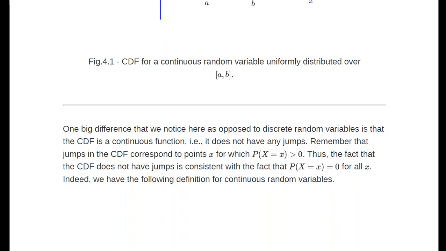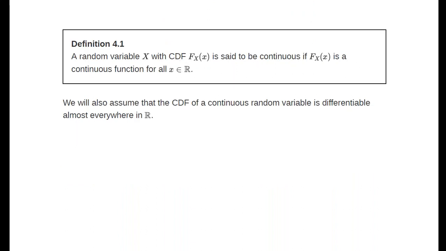Remember that jumps in the CDF correspond to points x for which probability of X equals x is greater than 0. Thus, the fact that the CDF doesn't have jumps is consistent with the fact that probability of X equals x is 0 for all x. Indeed, we have the following definition for continuous random variables.